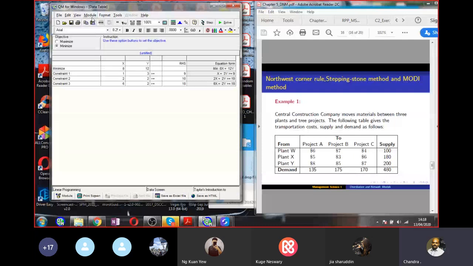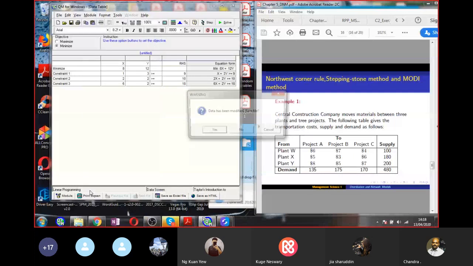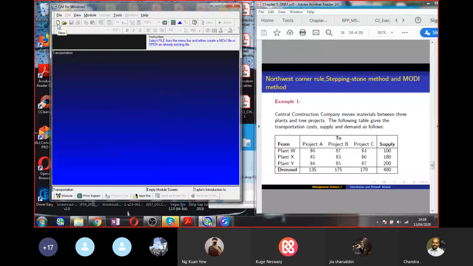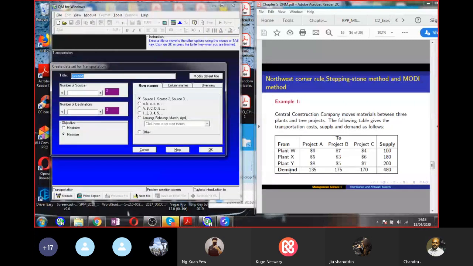For the northwest corner rule and stepping stone in the QM software, go to module, transportation, new. You have 3 plants here, which means 3 origins, 3 suppliers, 3 sources, and 3 supplies are the same, and 3 customers, 3 destinations are the same. You want to minimize the cost, click OK.